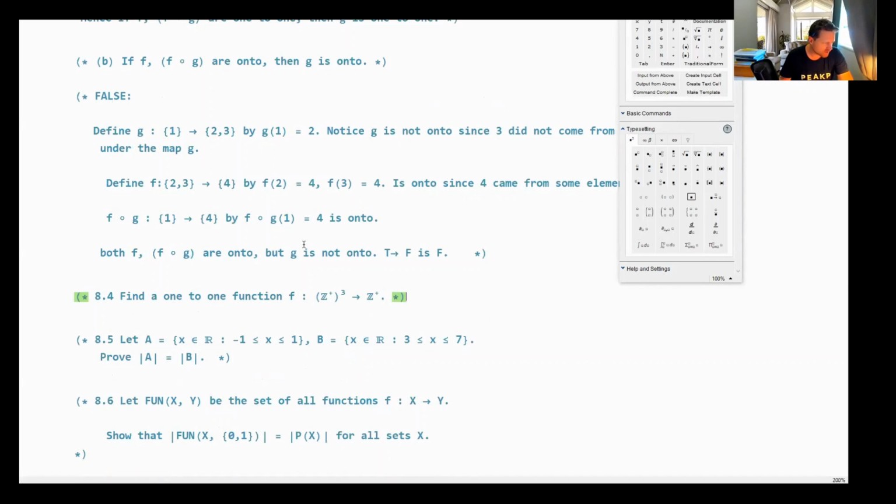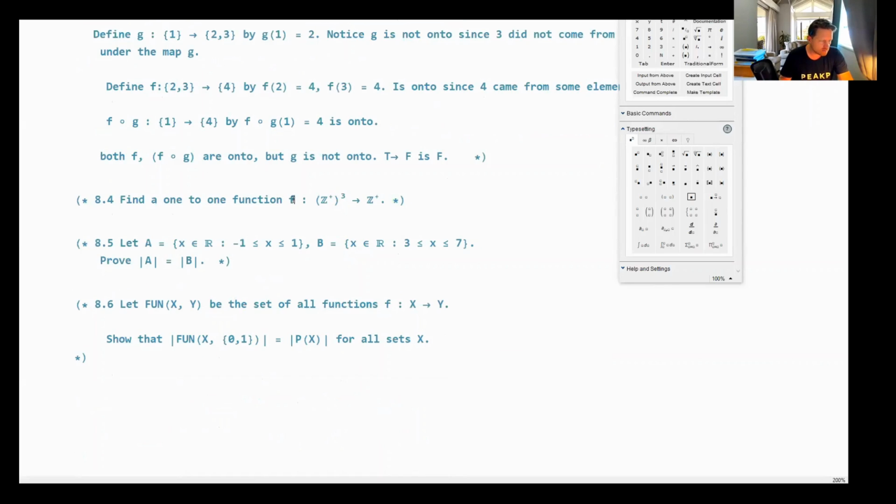All right, 8.4, find a one-to-one function f mapping this set to this set. Now I'll just define these sets for you. So Z with a superscript of plus suggests, and you don't always have to write it that way, that we're talking about the positive integers. So we'll assume this means positive integers. Now this notation is somewhat more ambiguous, so you've got to rely on the context.